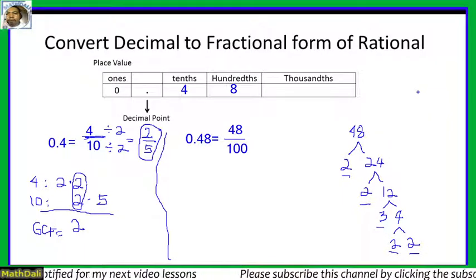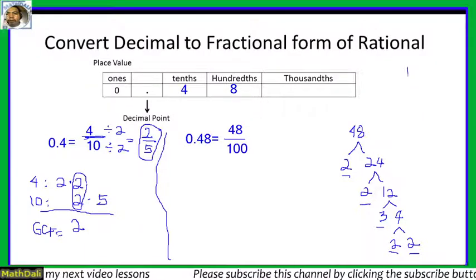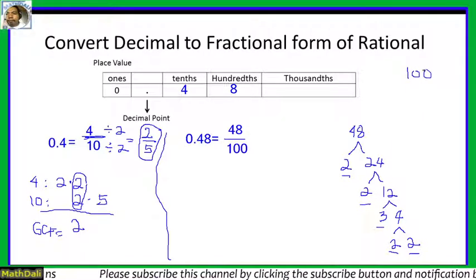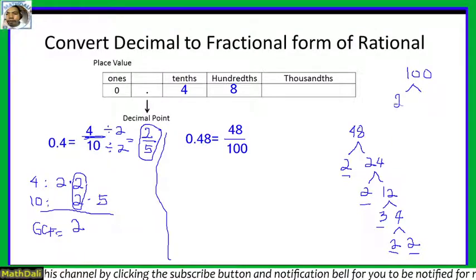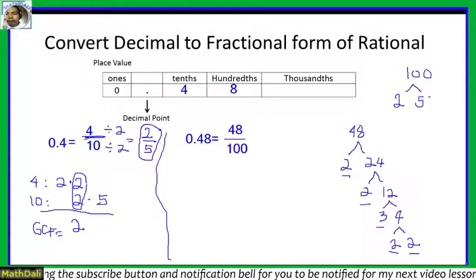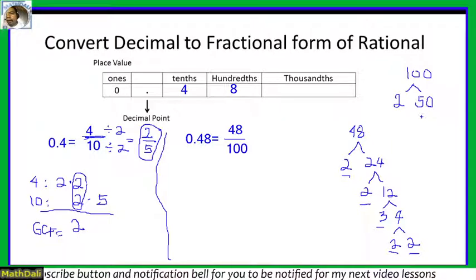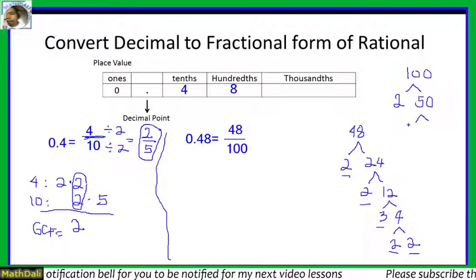Then, we also have 100. Dito na lang sa taas yung 100. Okay, so, prime factor nito, pwede nating simulan sa 2 multiplied by 50. Ayan. And 50 is not yet a prime number. Pwede pa yun i-factor.